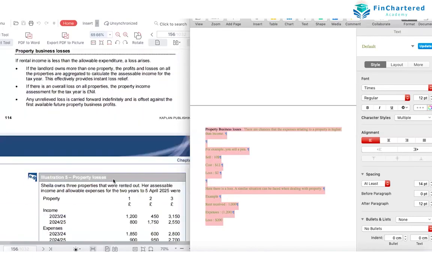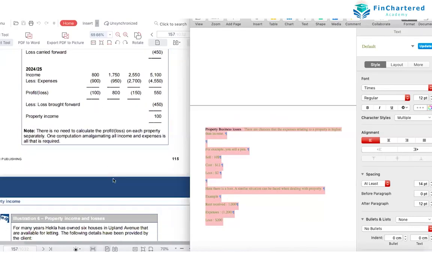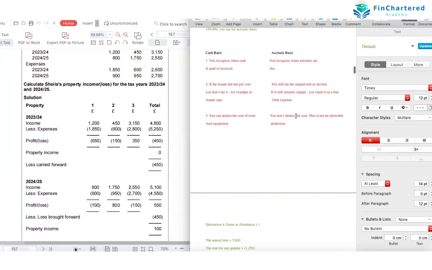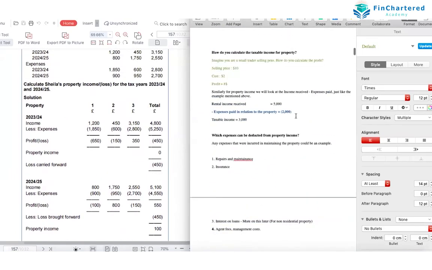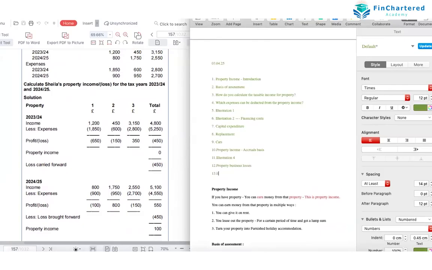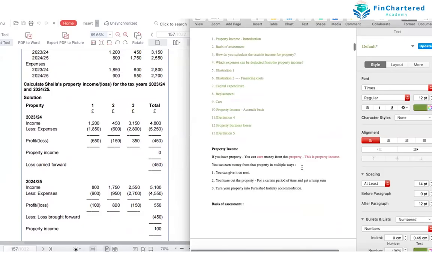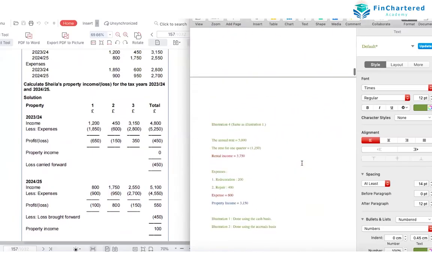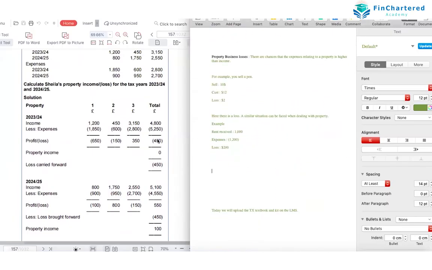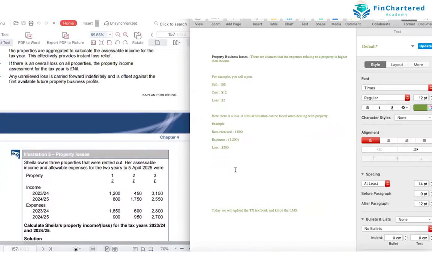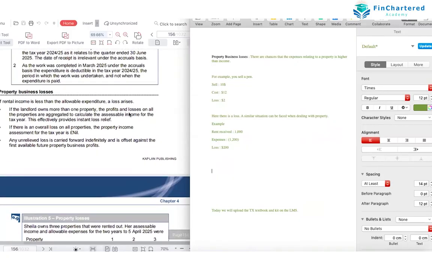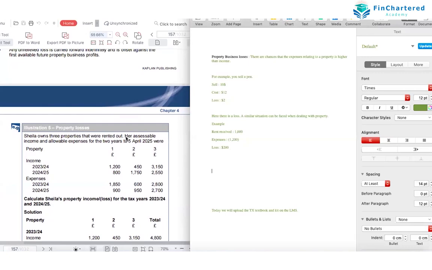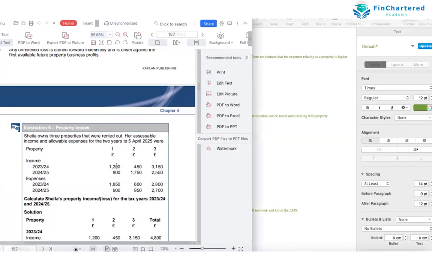Now, again, we will understand this better with the help of illustration 5. Sheila owns 3 properties that were rented out. Her assessable income and allowable expenses are given. Now again, there are certain rules which I'll explain with the help of illustration 5. Let's look at her income in 2023-24.